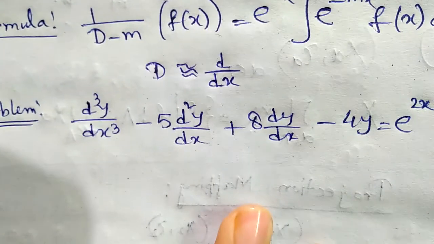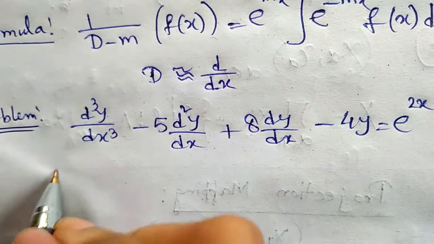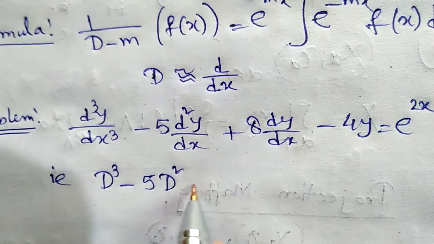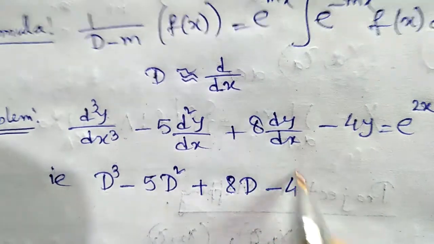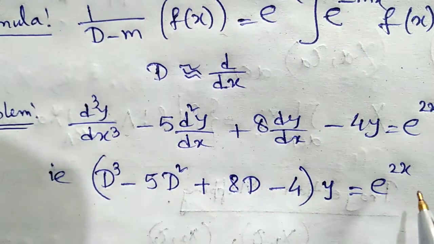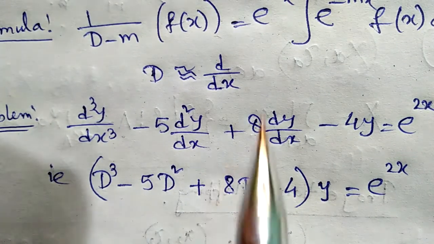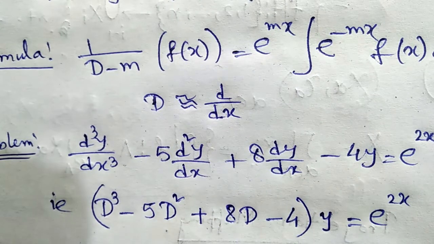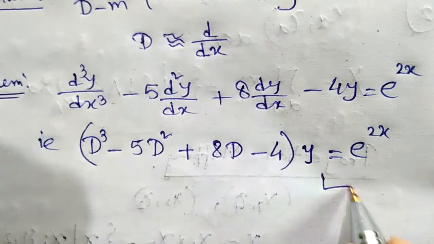Now we write this given equation in terms of the D operator, that is (D cubed minus 5D square plus 8D minus 4)y equal to e to the power 2x. Now using this formula we have to find the particular integral of this given ODE. Suppose this is given ODE 1.